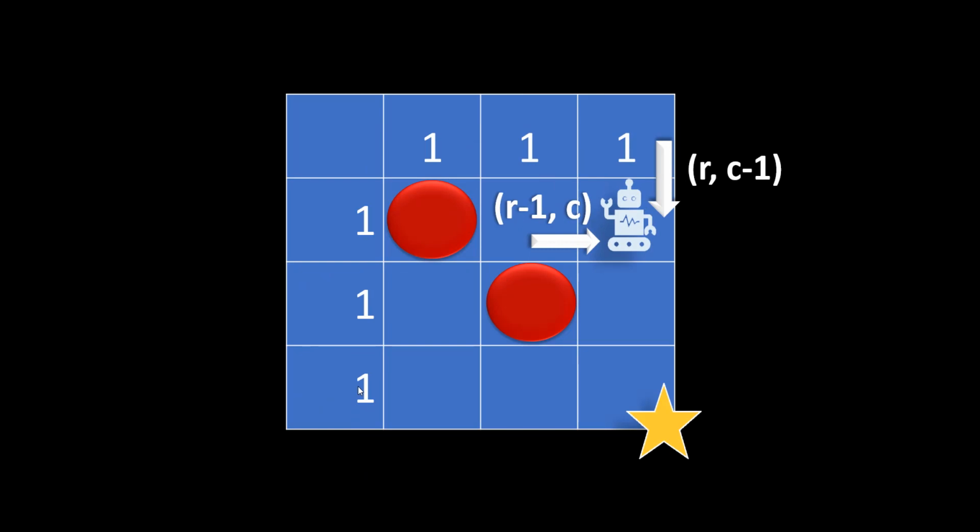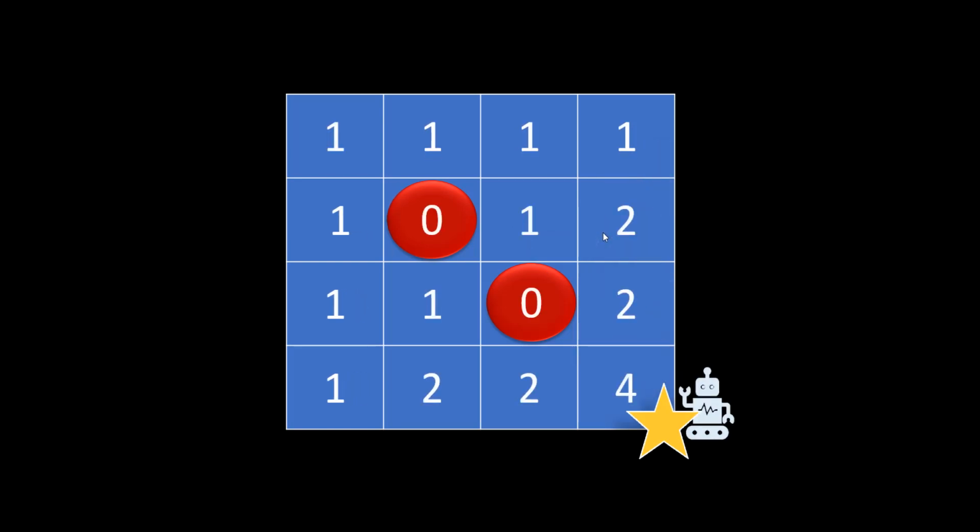Other than that, if I am at a particular cell, then I can come from top or from left. So the result for this particular cell would be the addition of the paths that I can reach here from, that is my top and my left. So that is going to be the result for this particular cell. Now when you fill this grid, you will get the result in your bottom right corner for how many unique paths are possible from the start point to the end.